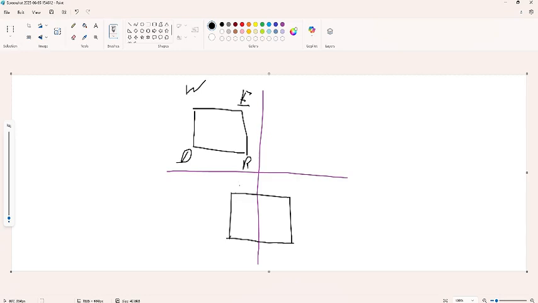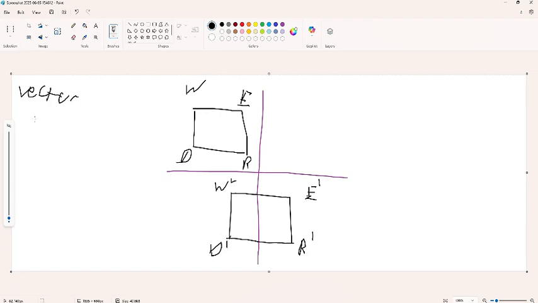Since we have a coordinate grid, we can say we don't need some vector. Actually, we do need a vector.